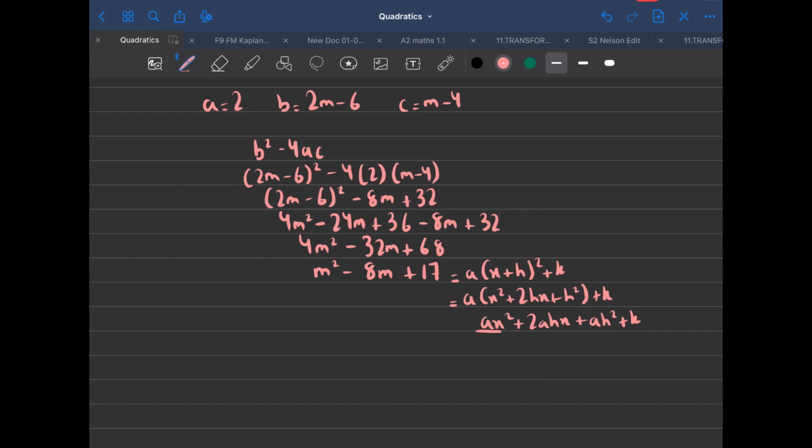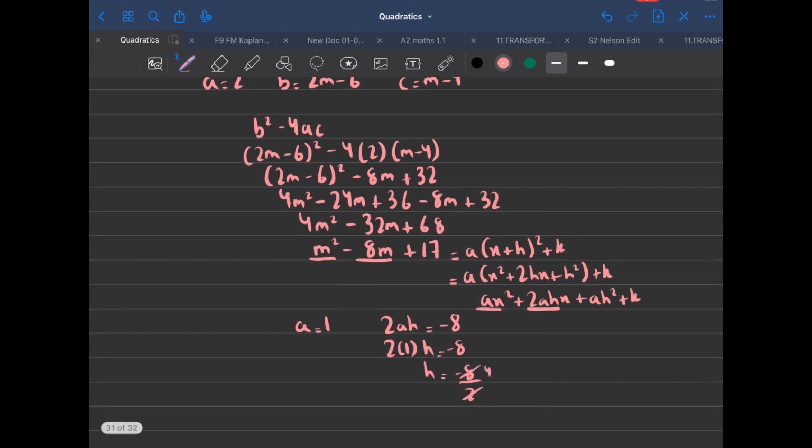Now what's written with a? x squared, it's a, and here it's 1. Now what's written with x? 2ah, and here assume x in place of m, is equal to minus 8. Let's plug in a as 1. h will be minus 8 upon 2. That makes negative 4.